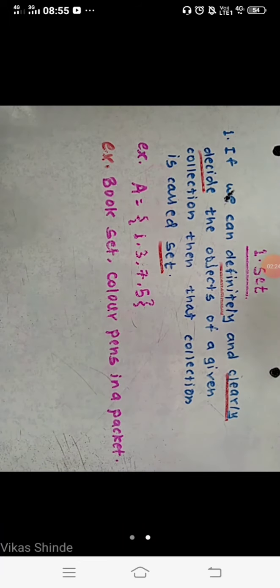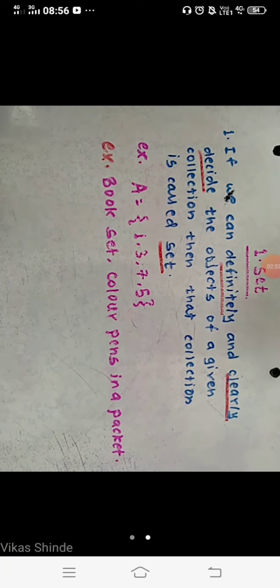Now from the above definition, we have to conclude that a group of objects is called a set. Means in that group we can easily count the elements. This is the definition of the set.